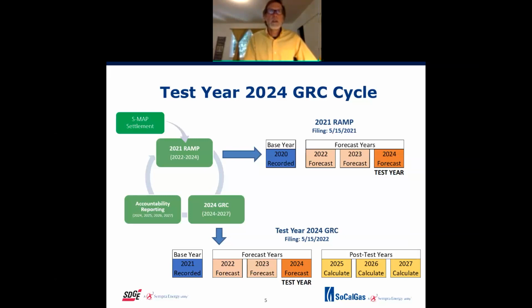This is Marty Kurtovich. I wanted to give an example of what Tom's talking about. In the SCE GRC, they provided a risk profile for wildfire, and it showed the distribution per circuit mile of wildfire risk on their 10,000 miles of distribution line in the high fire threat area.